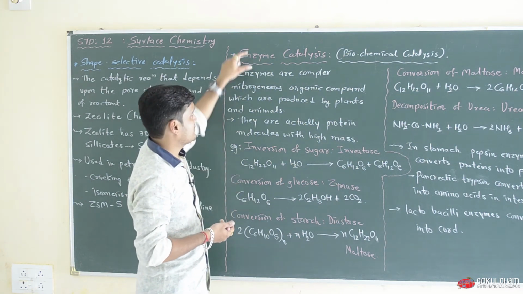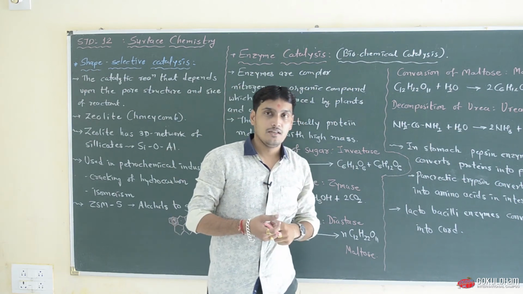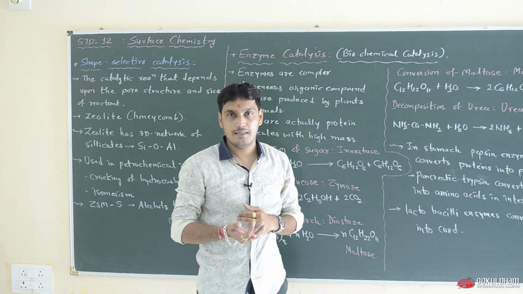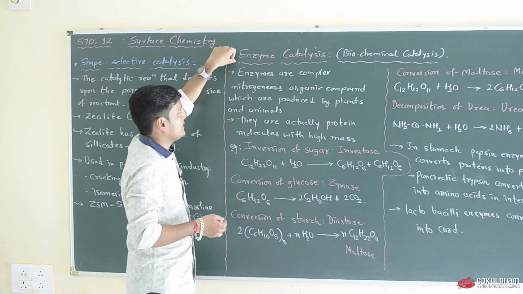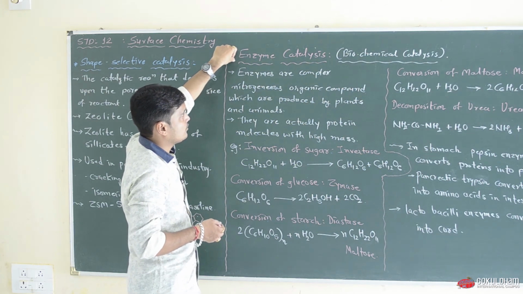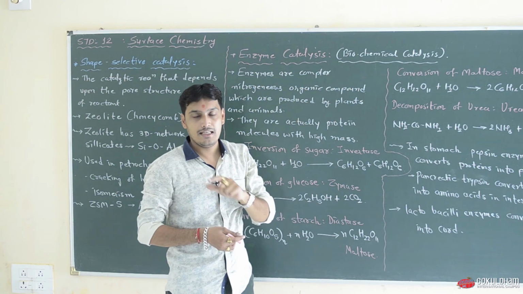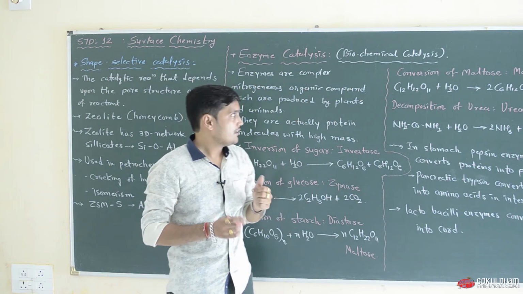And why are these enzymes produced by plants and animals? To increase the lifespan or life standards of animals and plants. So these enzymes are also known as biochemical catalysts, and this process is known as biochemical catalysis.